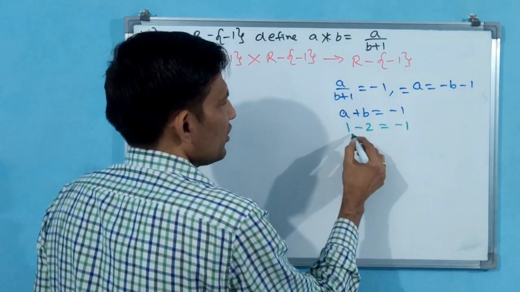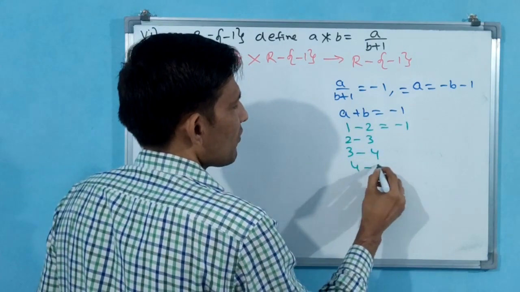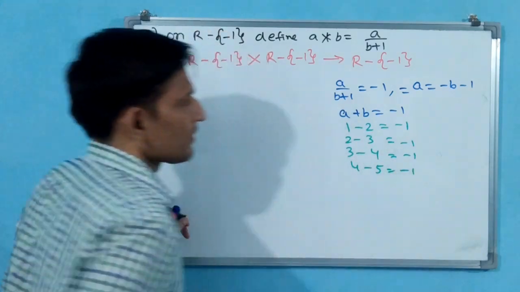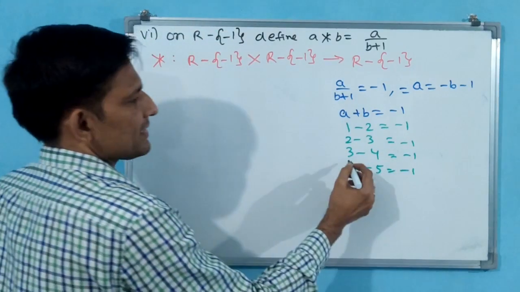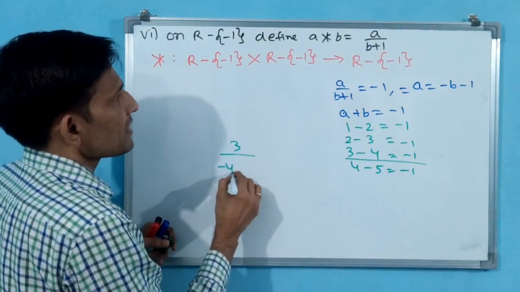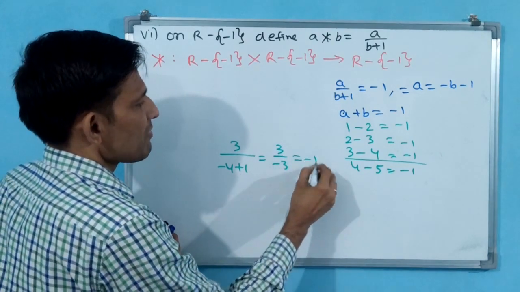Several are there. If you take 1, 2, this one, 2, 3, 3, 4, 4, 5, all will give minus 1. Let us say take 3 and minus 4. A is 3, B is minus 4 plus 1. That is equal to 3 by minus 3, that is equal to minus 1.